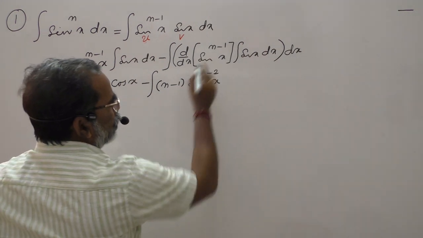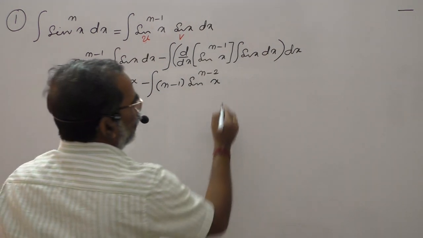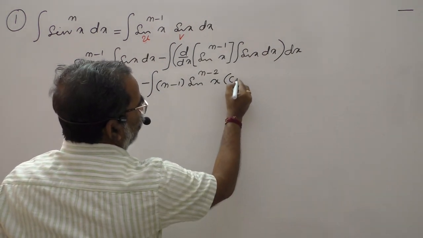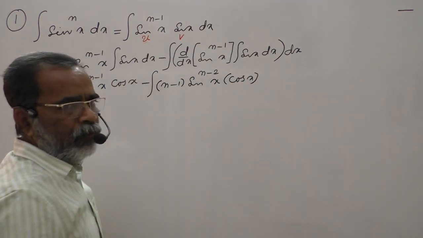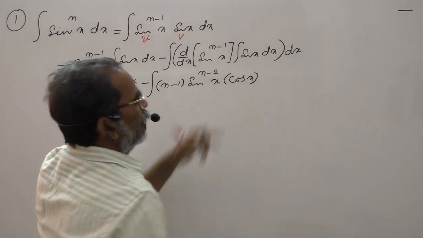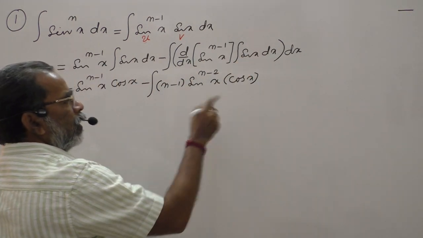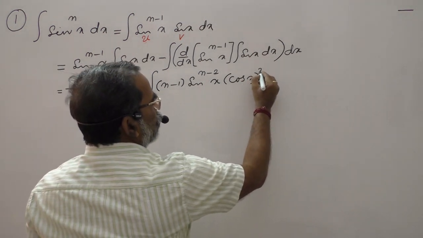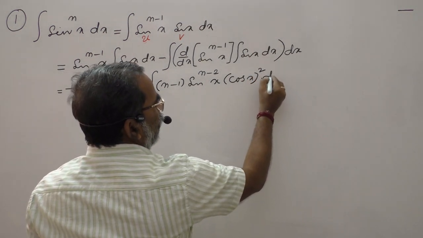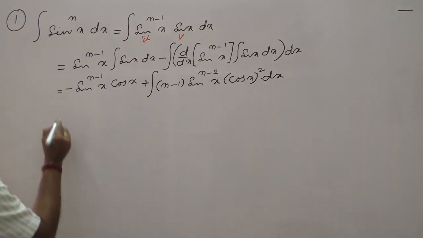In place of x, sine is there. Again I have to differentiate that, and we get cos x. And the integral of sine x is what? Minus cos x. Minus into minus is plus. One more cos, no? This becomes cos square x into dx.